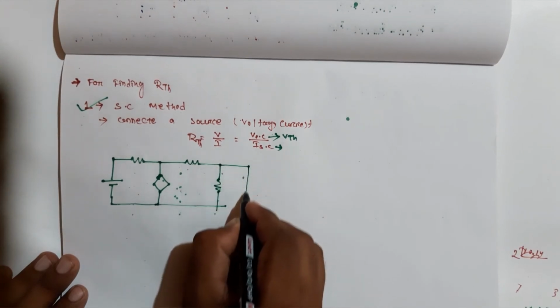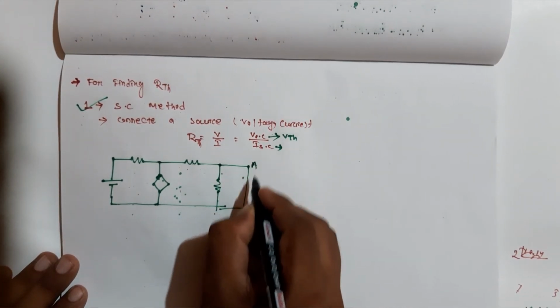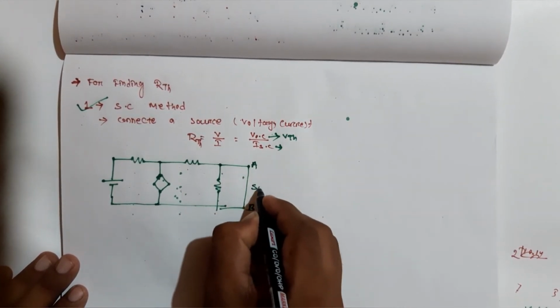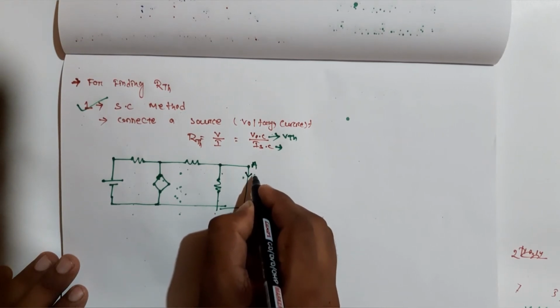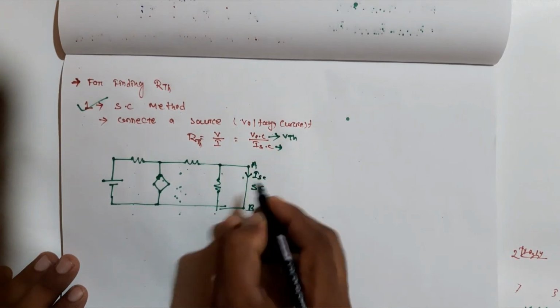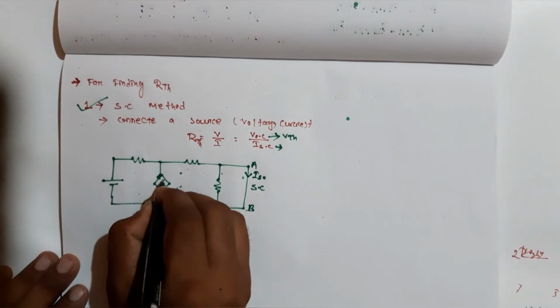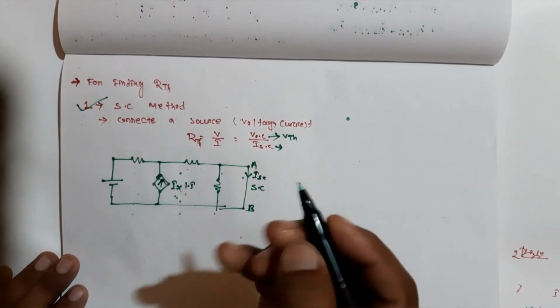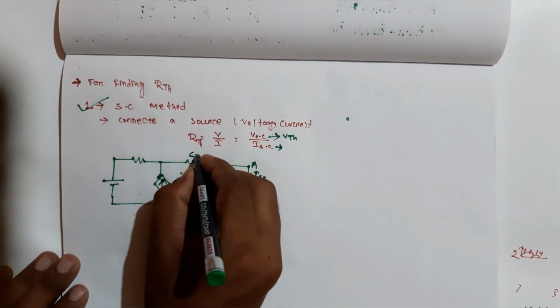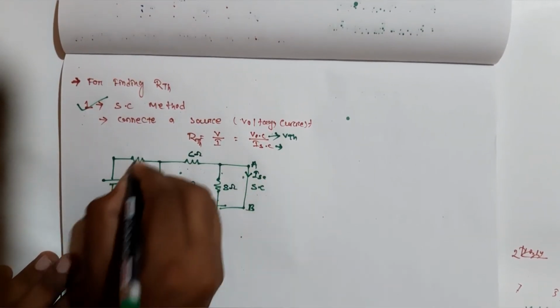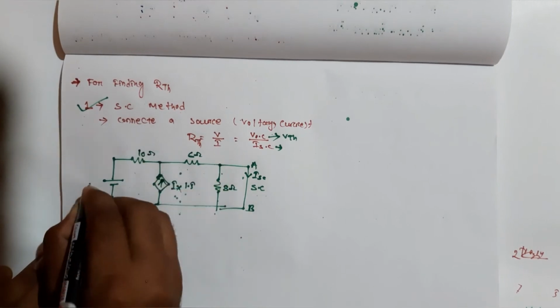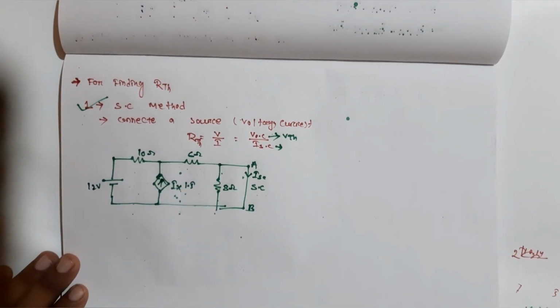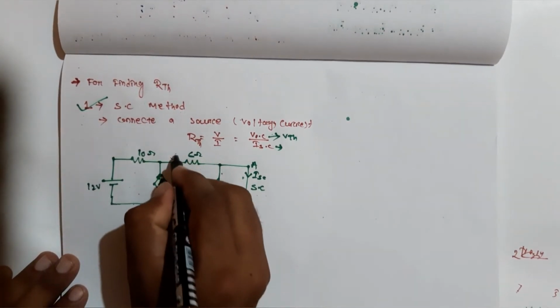The AB terminal is going to be short circuited. We need to find this ISC current. This is IX 1.5, this is 6 ohm, this is 8 ohm, this is 10 ohm, this is 12 volt. Here this is IX.